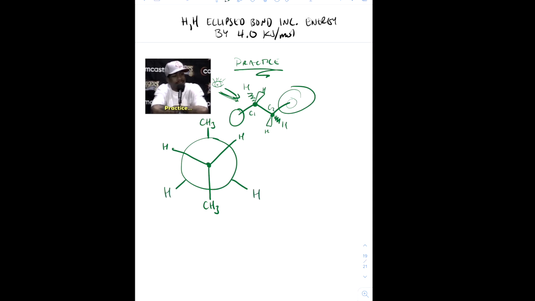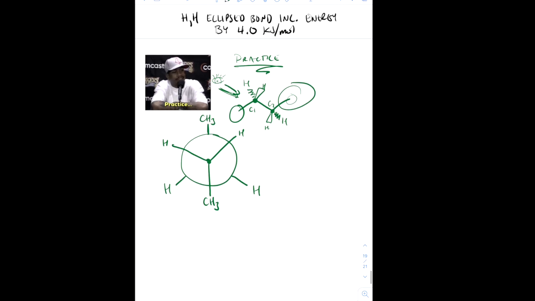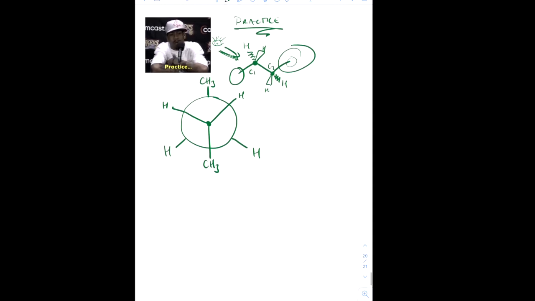This is what that Newman projection would look like. Another thing I want to mention is that in organic chemistry we often abbreviate things, and methyl groups can be abbreviated as Me. So another way we can draw this is with an Me here.